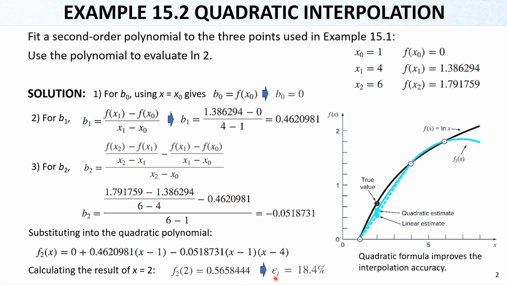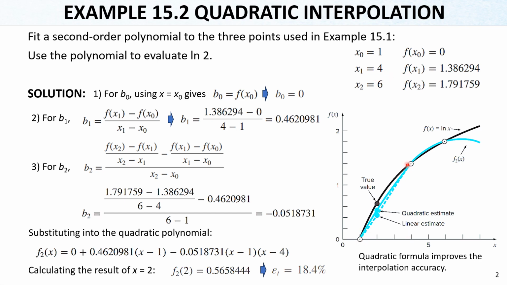0.565844. And when we calculate the true error, we know the true value of ln 2, because we calculated for 2 actually. Just use 2 here to get the results. And you can see we have a better approximation, 18.4. And graphically, you can see that actually this black curve is the actual curve. And this dashed curve is the linear estimate when we use 4 as the second point.